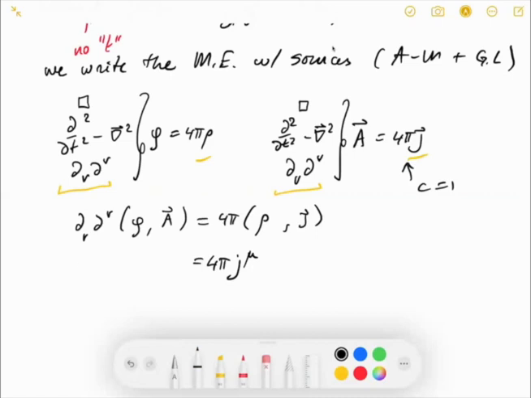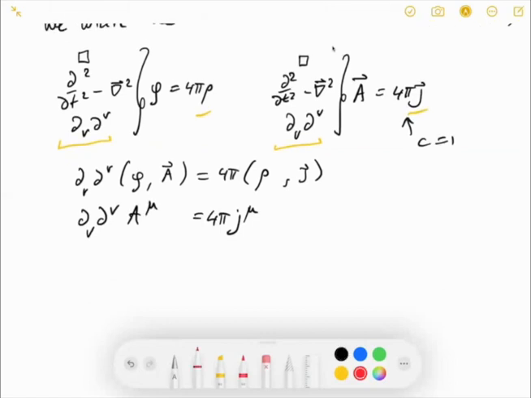So that means we can write this thing as the 4 potential, A mu. Now this thing, that's the 4 potential, which is just phi and the vector potential, and then we're done.